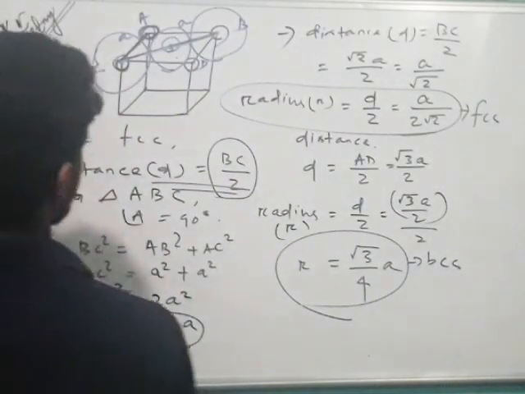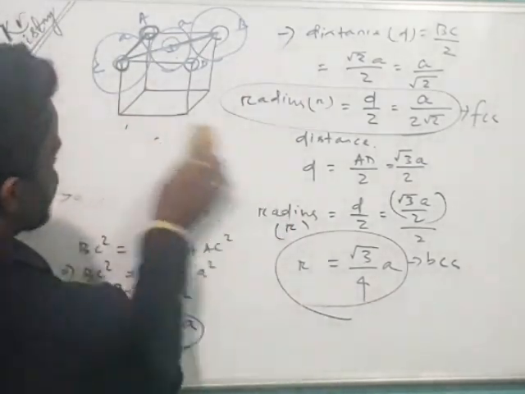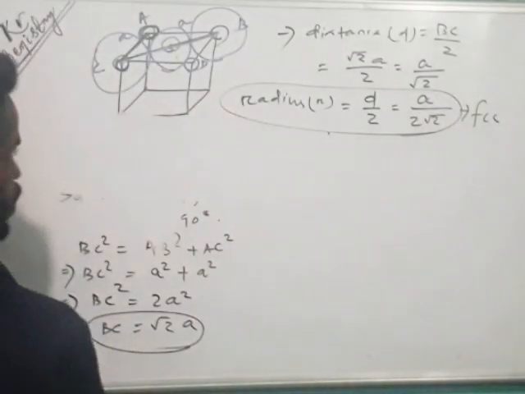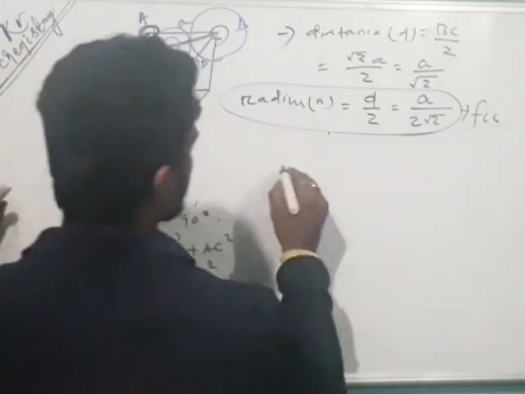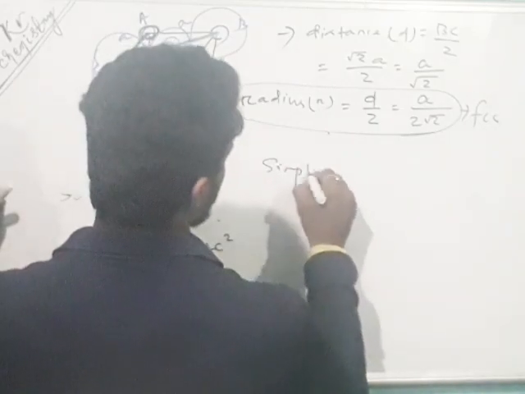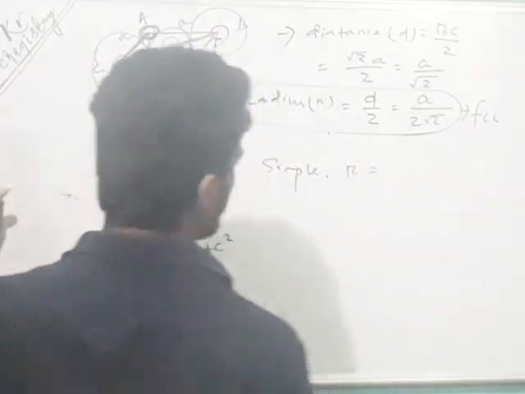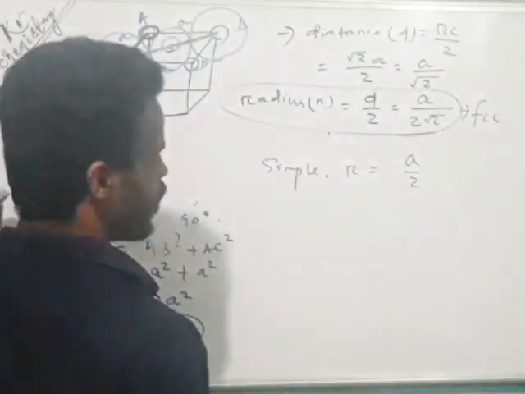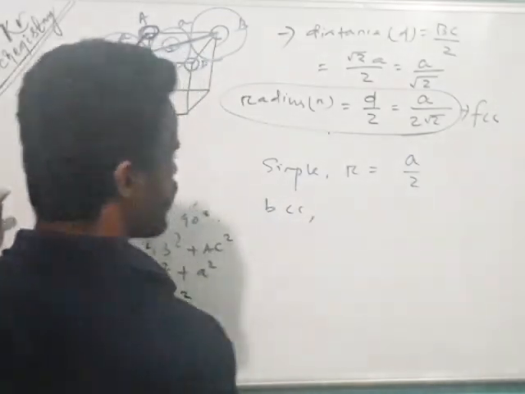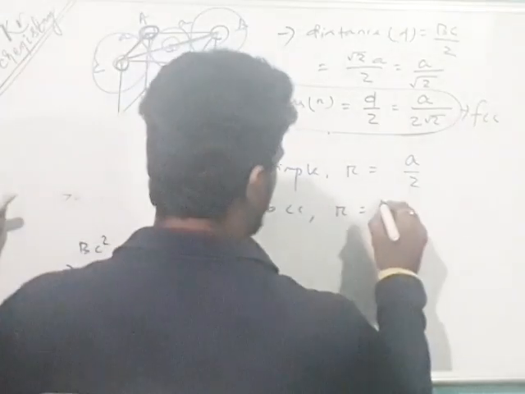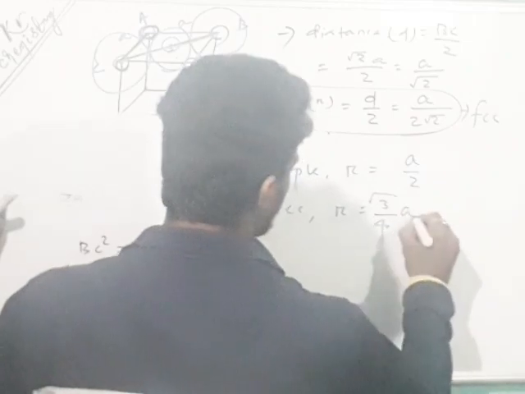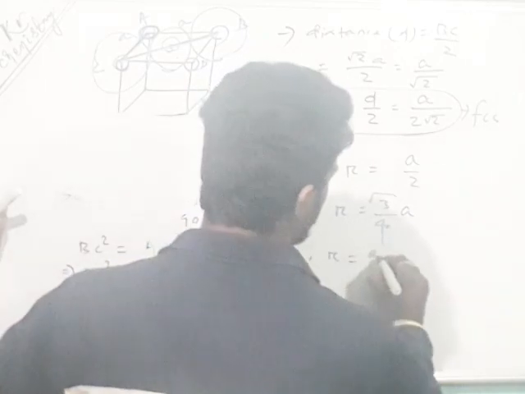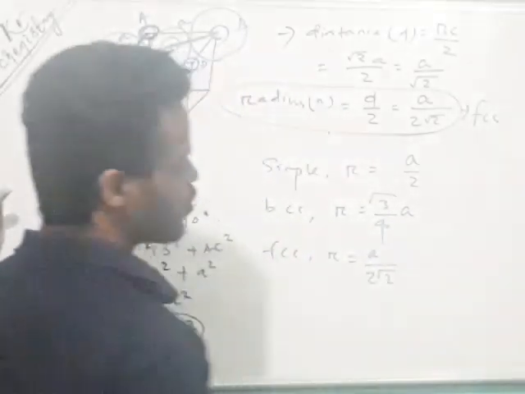Remember these three values for simple cubic, body centered and face centered cubic unit cells. For simple cubic unit cell, radius is equal to A by 2. For body centered cubic unit cell, radius is equal to root 3 by 4 into A. For face centered cubic crystal, radius is equal to A by 2 root 2.